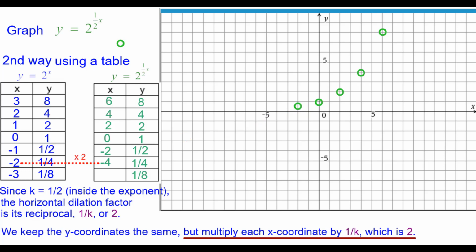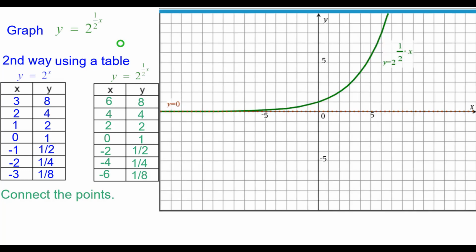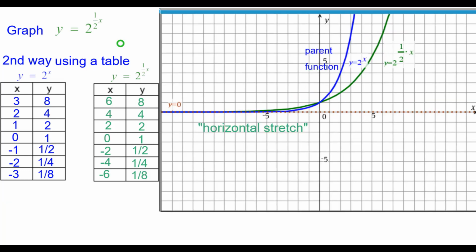Negative 4, positive 1/4. And negative 6, 1/8. Put in the horizontal asymptote at y equals 0, the x-axis, and connect the points. Comparing that to the parent function from blue to green is definitely a horizontal stretch.